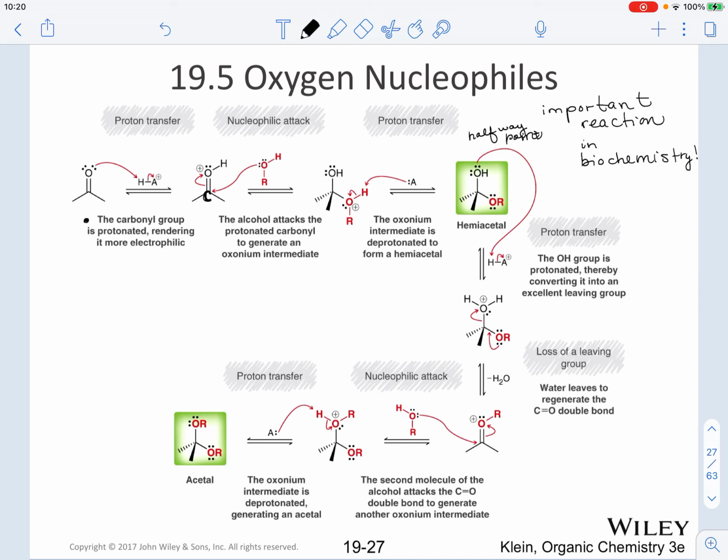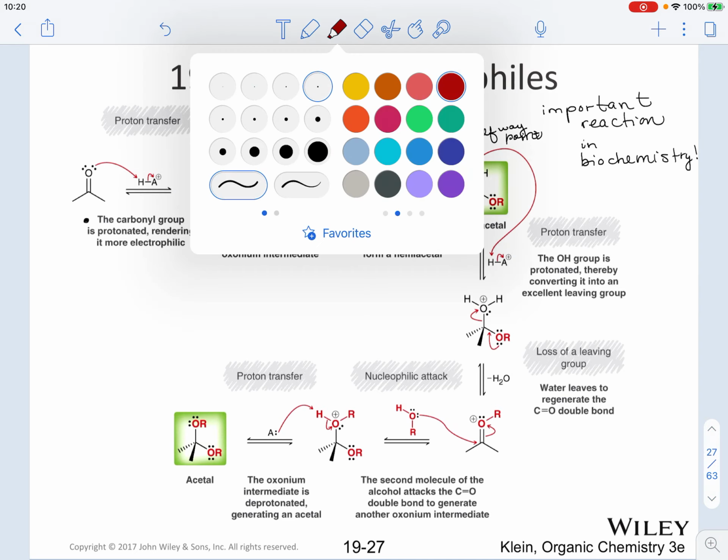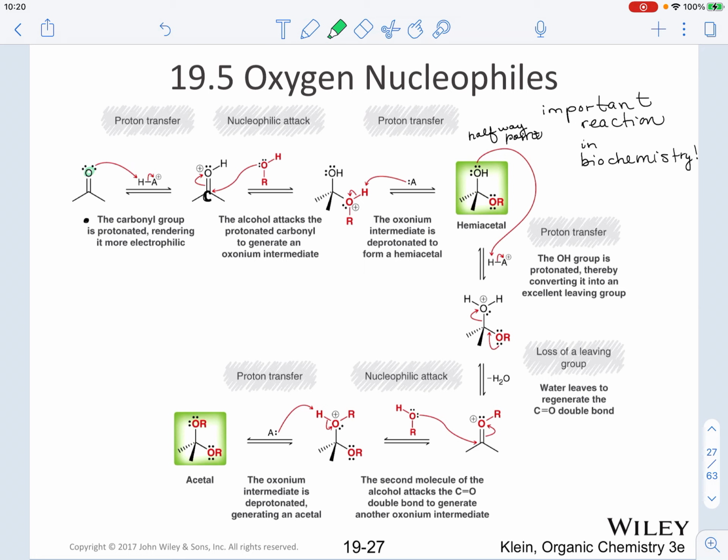If we keep track of the atoms, this oxygen, which became OH in the first step of the reaction, remains OH here in our hemiacetal, and is what gets protonated, because once we protonate it, we are going to lose the leaving group, meaning that water is going to leave the system.